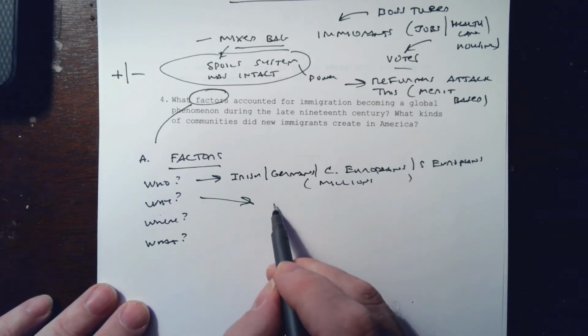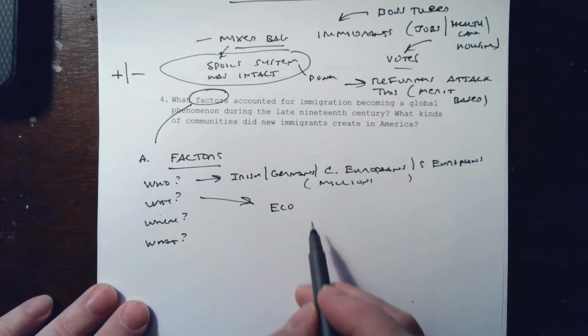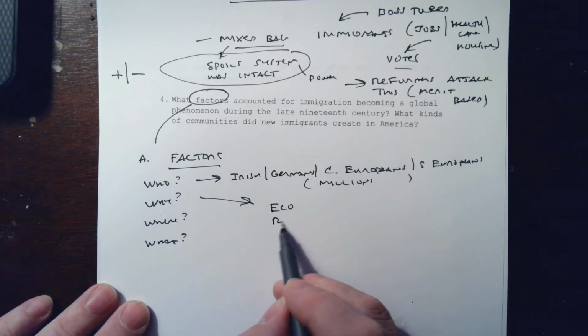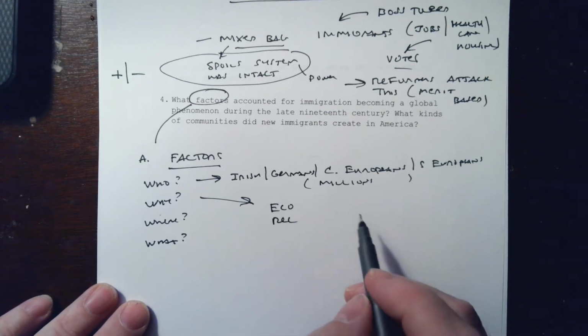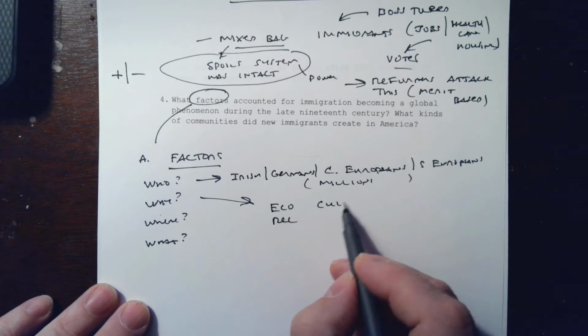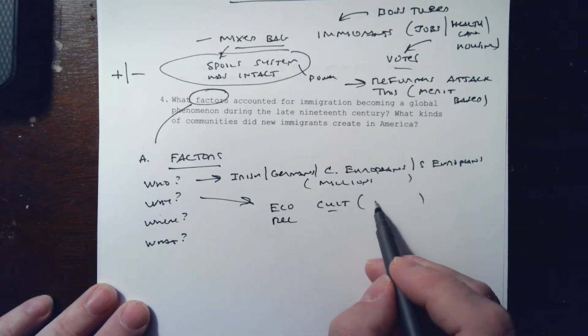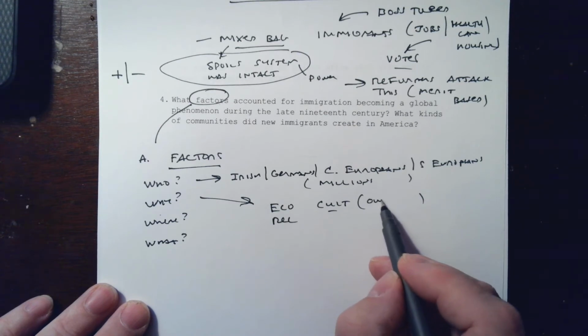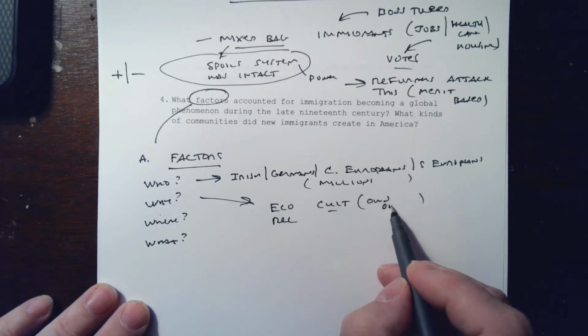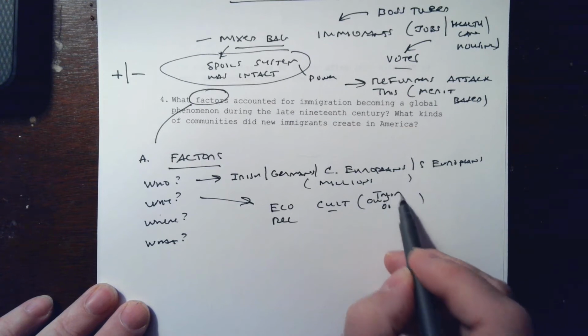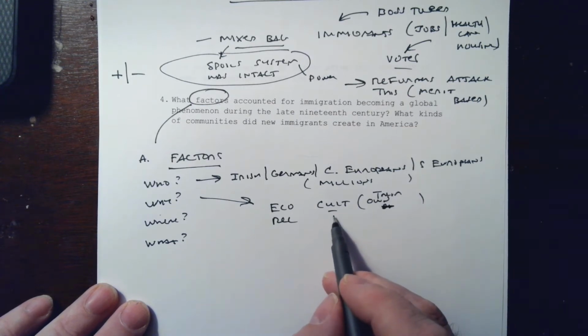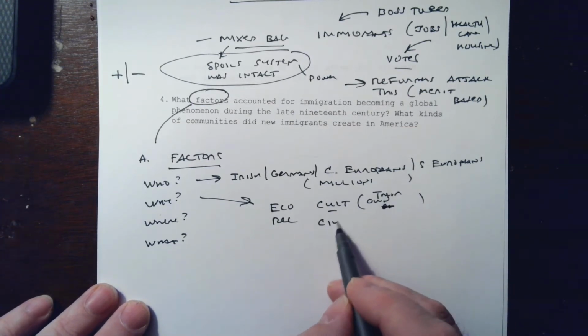Now, they came because they wanted economic prosperity. They wanted to get rid of religious persecution. Culturally, they sought out some of their own, right? And then the last part of this is going to be civil strife.